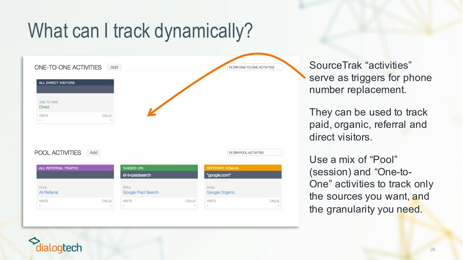It doesn't provide as much media attribution or unique of data around that visitor. So let's track them with a one-to-one activity. So a lot of flexibility within Dialog Tech to track the sources you want to track at the level you want to track, and again, the flexibility to track any source that's sending traffic to your website.